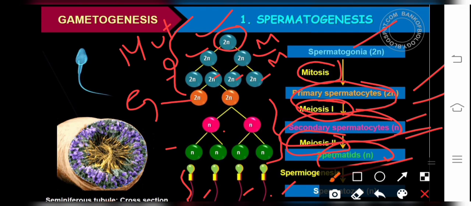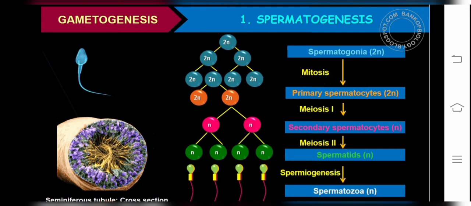Okay, so there is a difference between spermatogenesis and spermiogenesis. Spermiogenesis is the conversion of spermatids to spermatozoa or sperms. What is spermatogenesis? Conversion of spermatogonia into spermatids. Understood? So there is another process called spermiation. So what is spermiation?